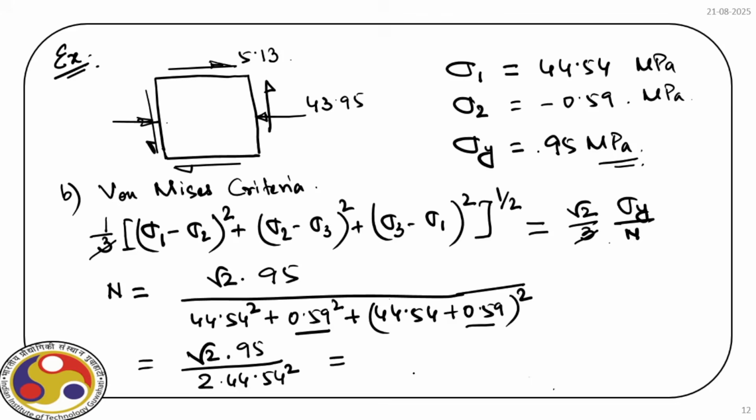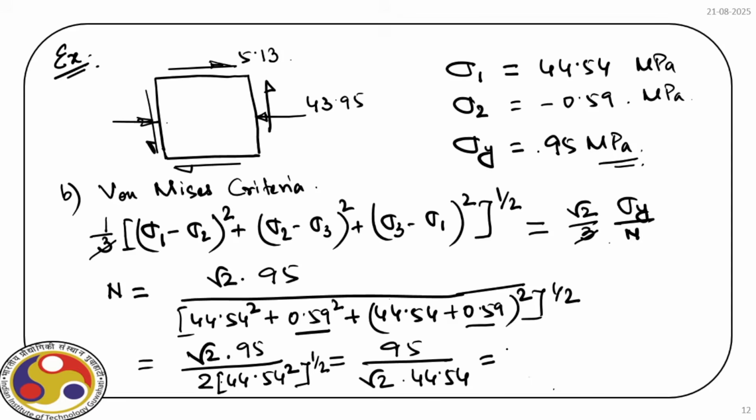So there will be a half here. Effectively, what we have is 95 divided by square root of 2, then 44.54.